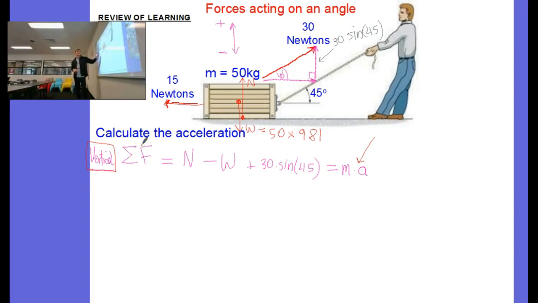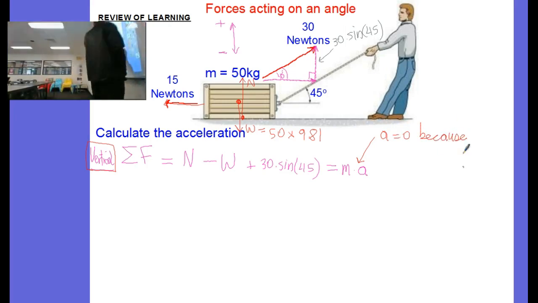So the crate could, in fact, accelerate vertically a little bit if the pulling force, if the tension force is large enough. Okay? But at the moment, it's just sliding across the ground, and so the acceleration is going to be 0 because there's no vertical motion.